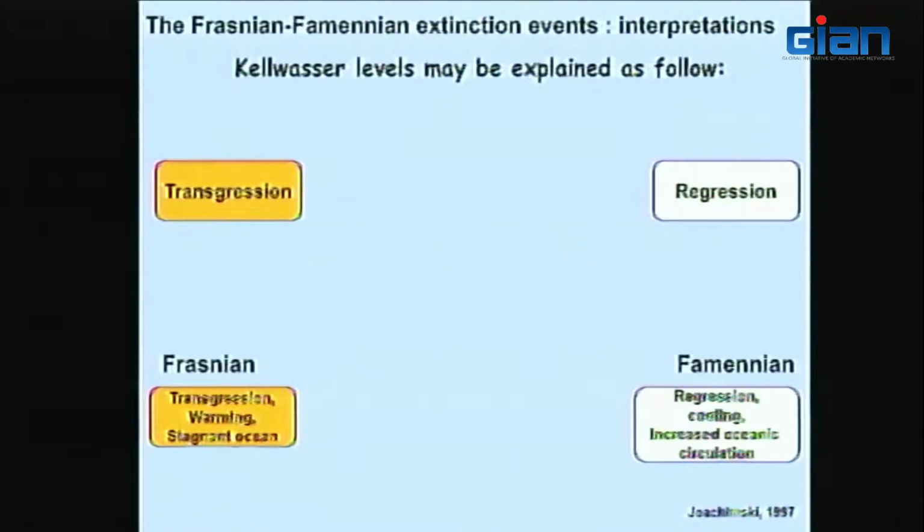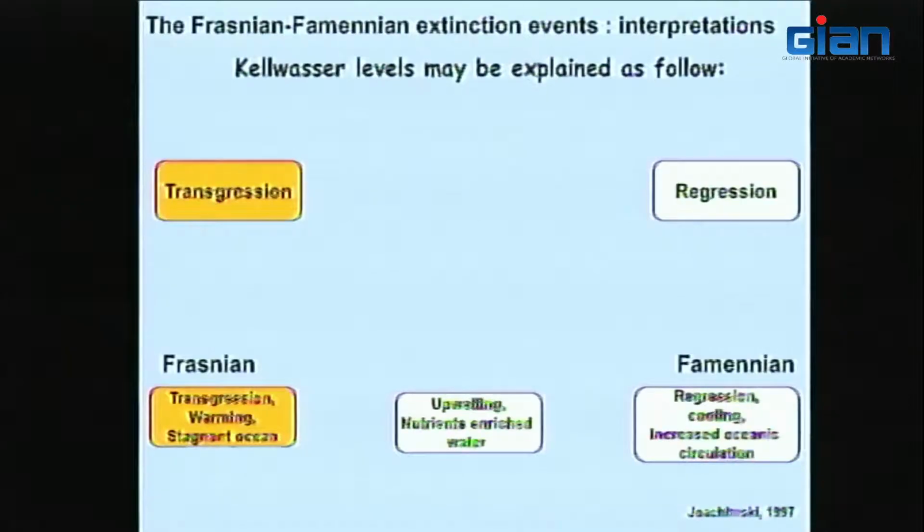Okay, how to explain that? Well, I have to say it's not so easy because there is this double occurrence of black shale. And what we know is that at the beginning we have, in the Frasnian, warm condition.